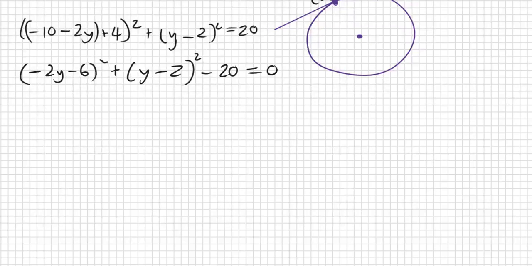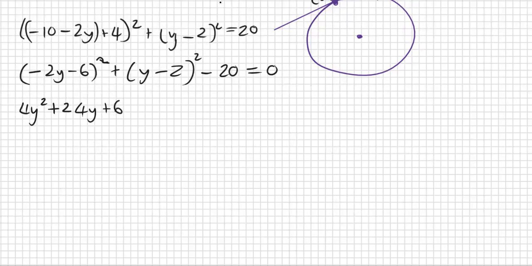Okay, let's start. So expanding a square, minus 2y times minus 2y is 4y squared. Take the middle two terms times each other, times by 2. So minus 2y times minus 6 is positive 12y, times by 2 is positive 24y. Minus 6 times minus 6 is plus 6. Then we do it again.